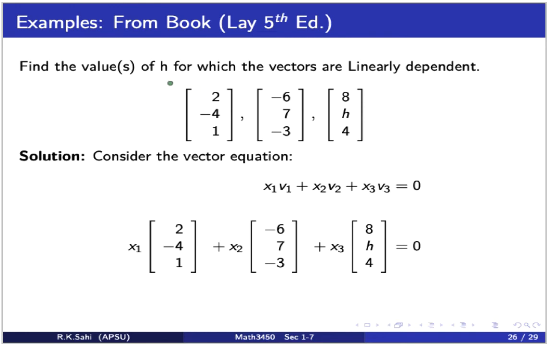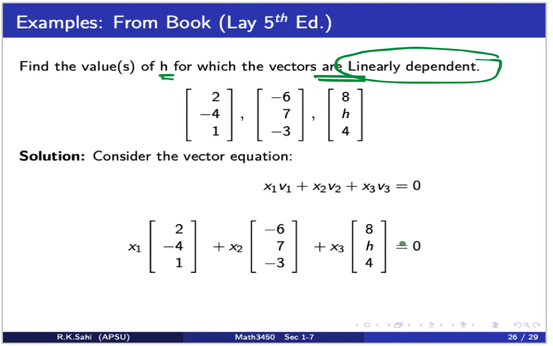Find the values of h, or one value, for which the vectors are linearly dependent. Do you see that here? Now over here, I will have to do some computation. I have to find the value which will make it linearly dependent. Be careful. The first thing we're going to do is write down the vector equation, plugging in the three vectors. We have to show that this vector equation has a non-zero solution x.